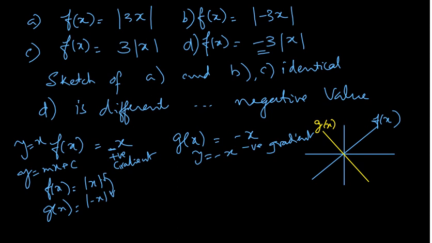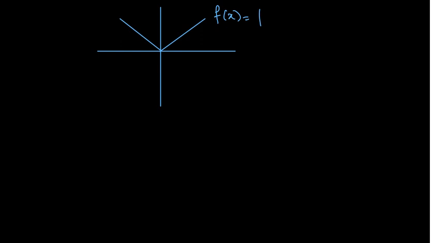So if I have that, then you have a graph of f of x equal to mod 3x, which means at x equal to 1, this value is 3.